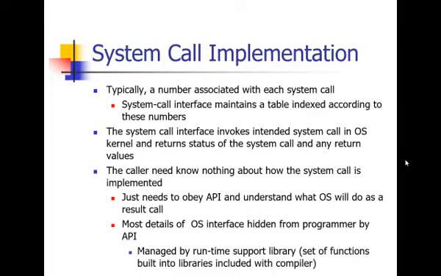So system calls are available differently for different services. For an example, to read a file, the system call is available as read. To write a file, the system call write is available. So like this, to create a directory, to delete a file, to save it to the hard disk, to take a printout.